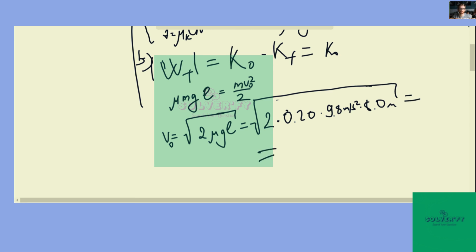So let's calculate the number. It equals 5.6 meters per second.